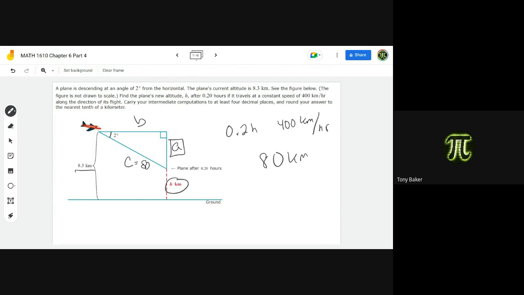C is my hypotenuse, and A is my opposite. So I'm going to use sine for this one. So I have sine of 2 degrees equals A over 80. So A is sine of 2 degrees times, actually, 80 times sine of 2.